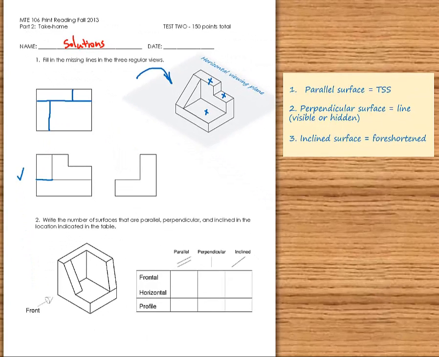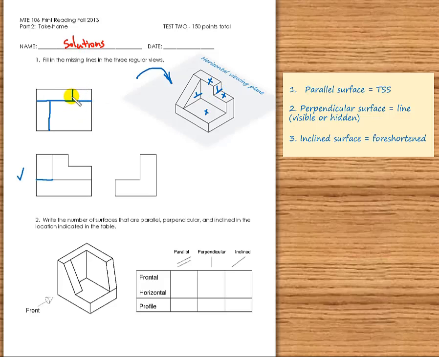Now there are also several surfaces that are perpendicular to the horizontal viewing plane. Of course, the perimeter surfaces are represented by the visible lines at the perimeter of the top view. We also have this surface, which is perpendicular to the horizontal viewing plane, and it should therefore be represented by a line in the top view, and it is. This surface is also perpendicular to the horizontal viewing plane, and it should be represented by a line, and that's here.